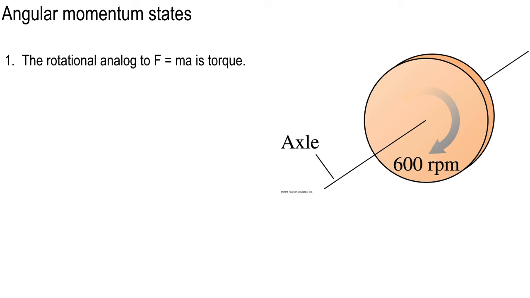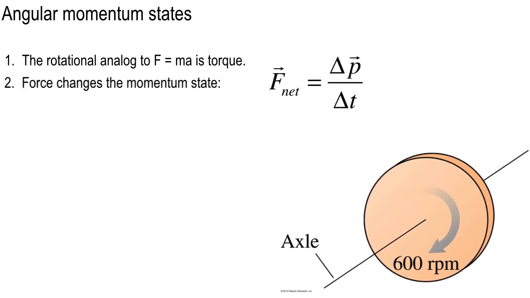Angular momentum. As I mentioned, the rotational analog of F equals ma is torque. Here's Newton's second law. It's not the impulse equation, though you can see the impulse equation in this: F net is equal to delta p over delta t.